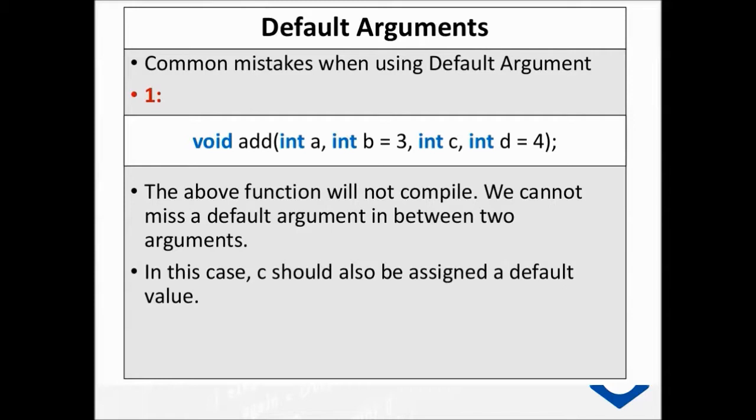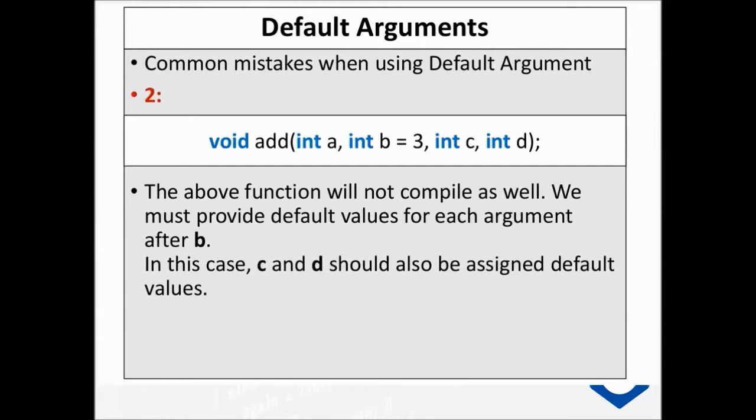It means we cannot write int b = 3, int c, int d = 4. Here int c is not a default variable, so we cannot have a non-default variable between two default arguments. In this case, c should also be assigned a default value.